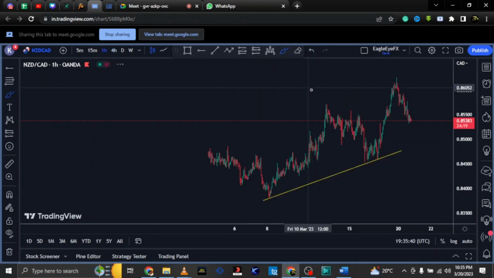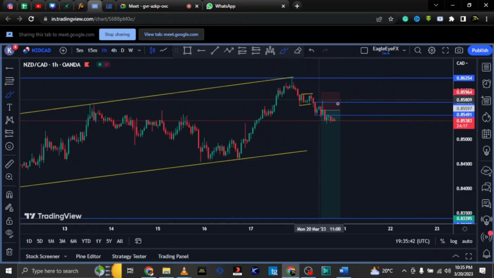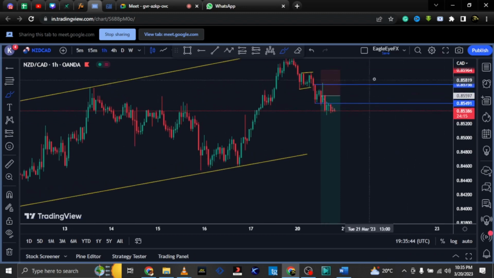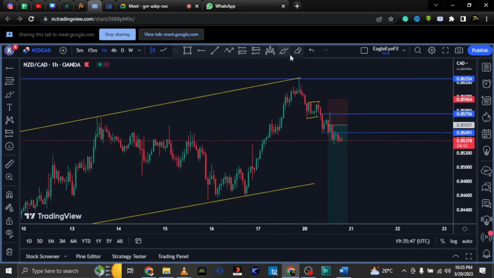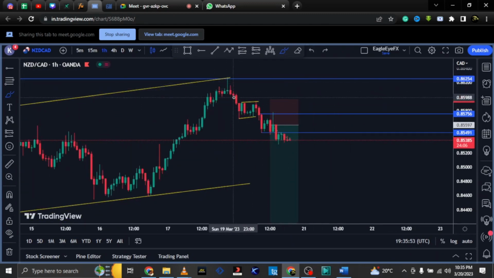Then when you go to the 1 hour time frame, you can see that we had an impulse move. First of all, we had this high test candle, a very strong retracement. Then after the impulse move, we had our first flag, which actually I missed.